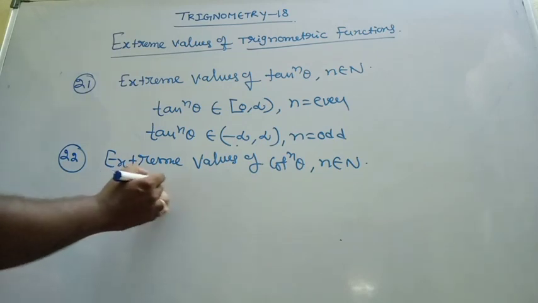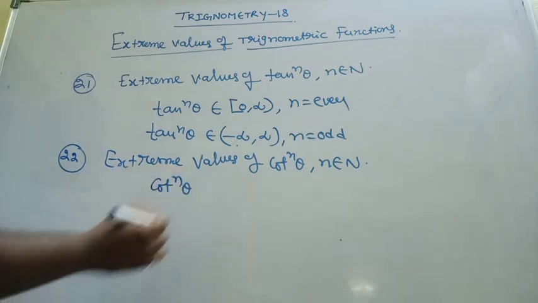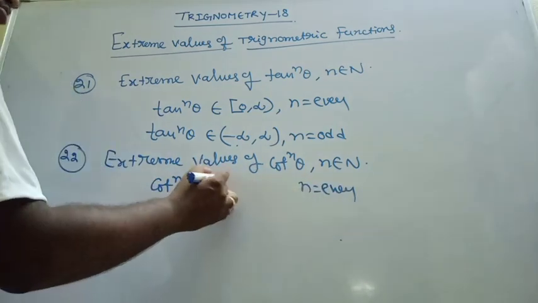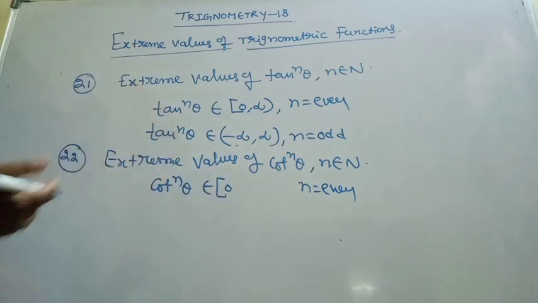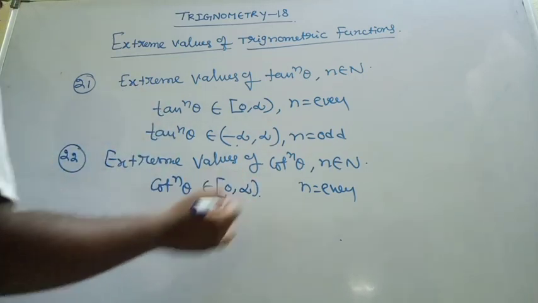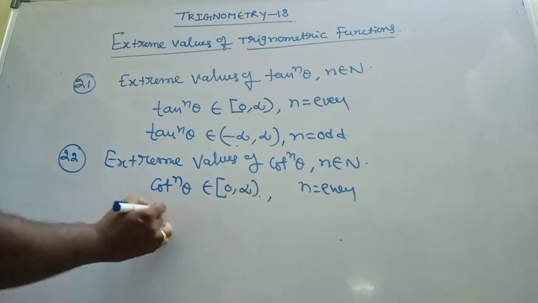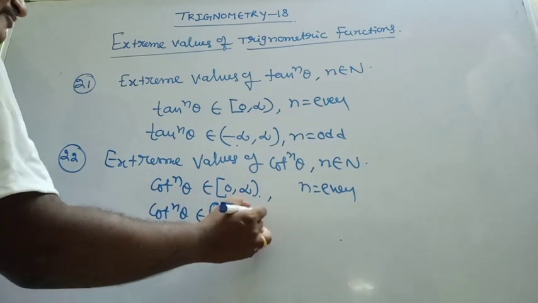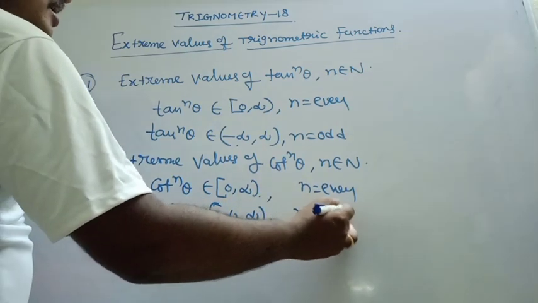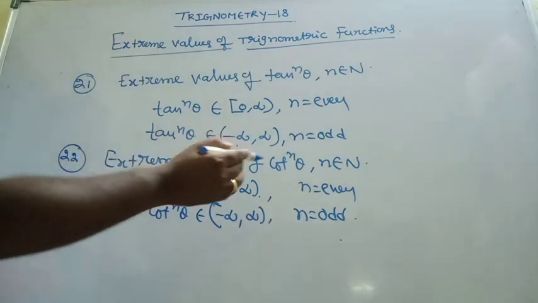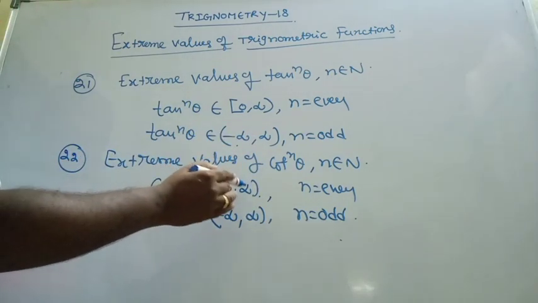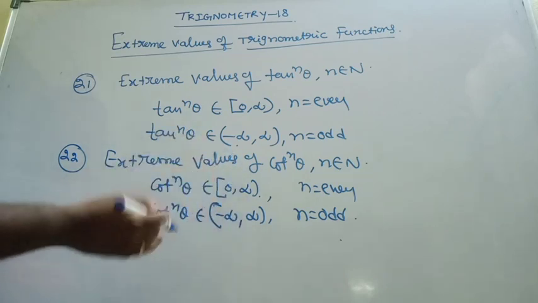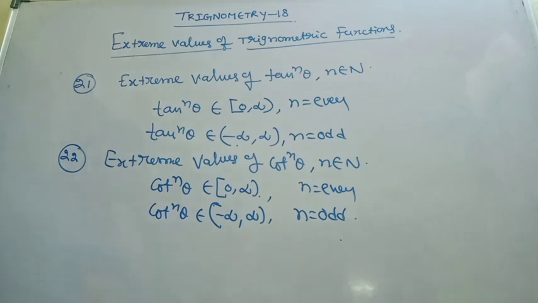When n is even, by the same concept, it takes positive real values, because cot square theta we have observed is 0 to infinity, and cot power n theta belongs to the open interval minus infinity to plus infinity when n is odd. Therefore, when n is even, the minimum value is 0 and the maximum value is infinity, and when n is odd, the minimum value is minus infinity and the maximum value is plus infinity.